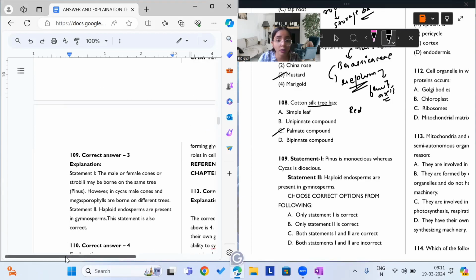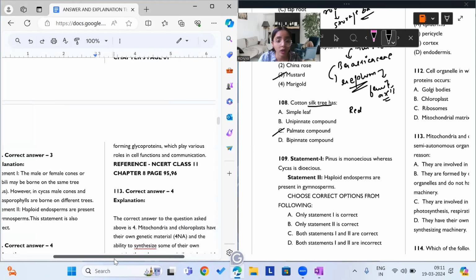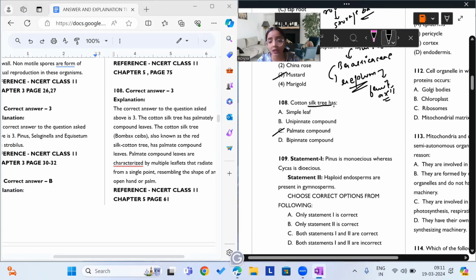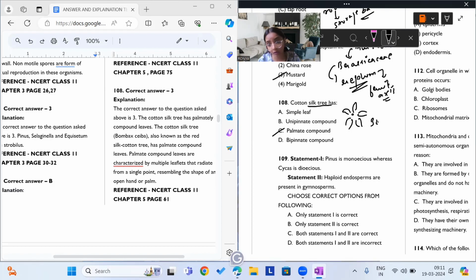It means that from one point in the leaf, multiple leaflets arise. You can see the references in this document if you ever want to check the NCERT. That kind of leaf is known as a palmately compound leaf. The scientific name for cotton silk tree is Bombax ceiba. I hope that is clear to you.